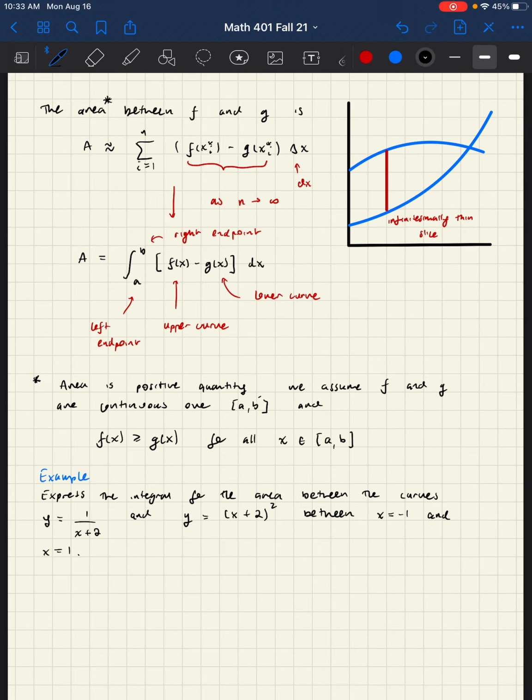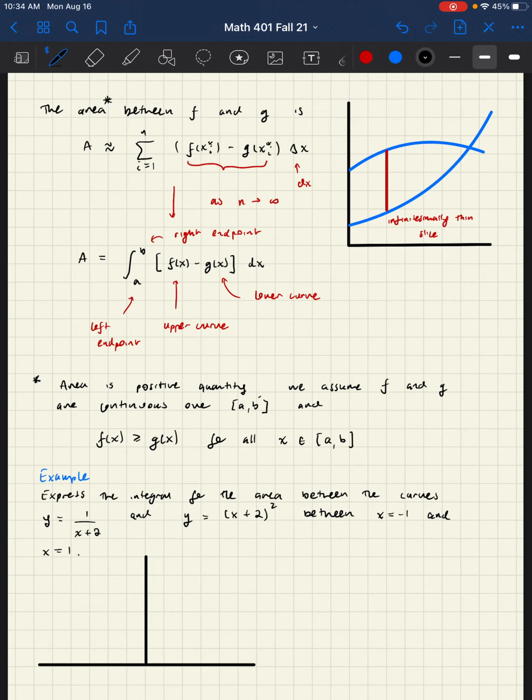Okay, so one thing to note here is that when you are setting these up, if you do not have a clear picture of what the curves look like, feel free to graph it using, for instance, Desmos. So right now, I do have a clear visual of the picture here, thankfully, because I did this ahead of time.